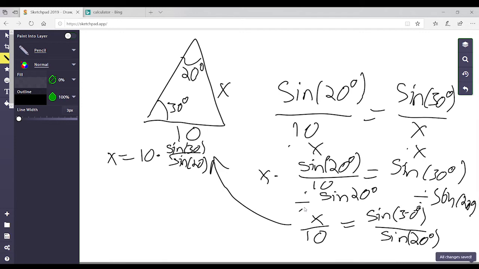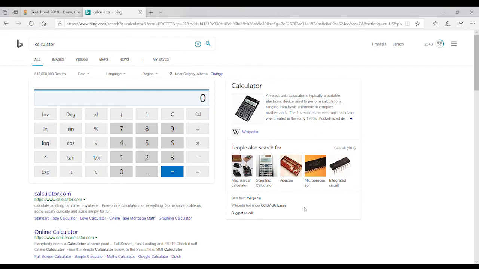Okay, so now all that's left to do is to use the calculator to find out what the sines are. So let's do sine of 30. Again, it's in degrees right now, so it should be good. Not radians. So degrees, sine of 30 divided by sine of 20.